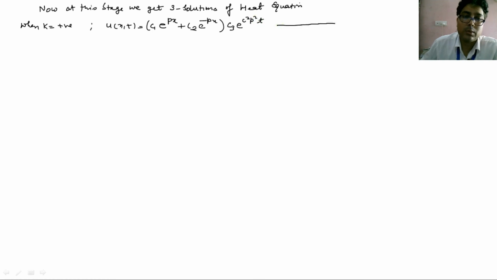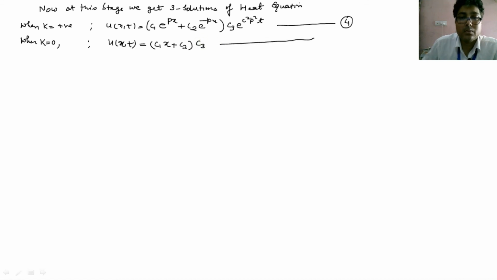Clear? This is the solution number 4. And when k is equal to 0, we get the solution u of x comma t is equal to c1 x plus c2 into c3. This is the solution number 5.